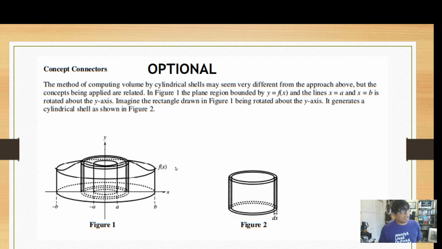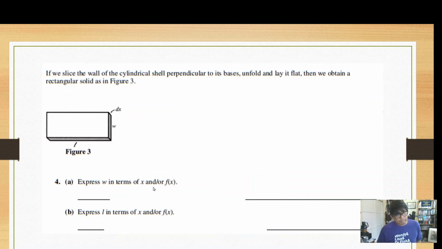Well, when we go back here, the height of the piece of paper was from here to here, or that's the height of the shell. And what that basically is is the top function minus the bottom function again. Top function minus bottom function, which is f of x minus 0 in this particular case.